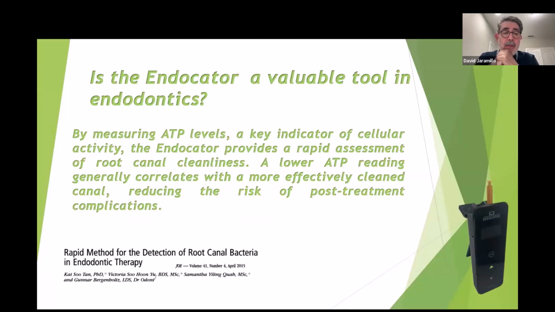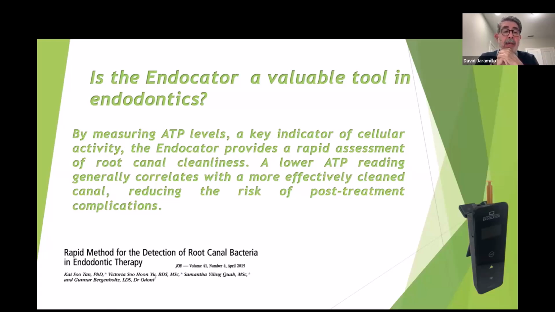And so Dr. Bergenholtz, back in 2015, published his paper on a rapid method for the detection of root canal bacteria in endodontic therapy. So here it says, by measuring ATP levels, a key indicator of cellular activity, the Endocator provides a rapid assessment of root canal cleanliness.